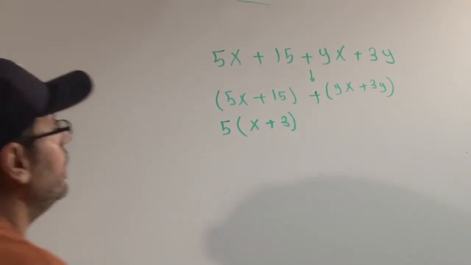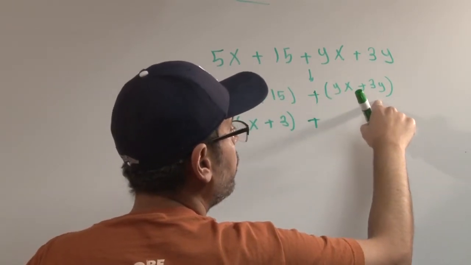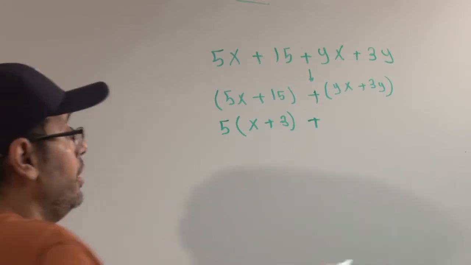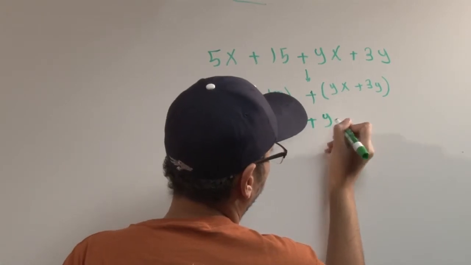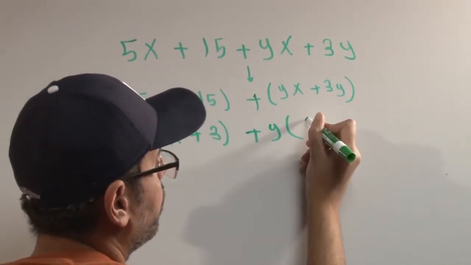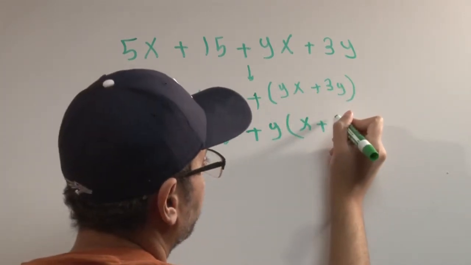Cool. Let's go to the other one. yx and 3y. It sounds like y is the GCF here. So let me get y down, and this is yx, so that would be x, plus 3y divided by y, so that would be 3.